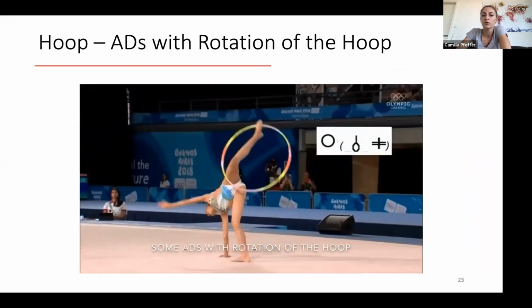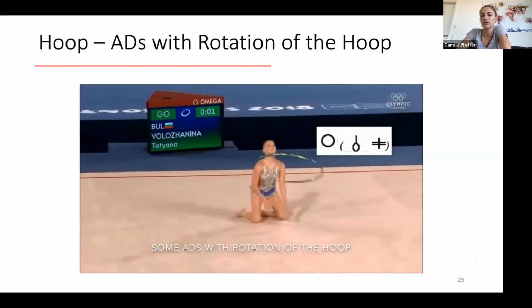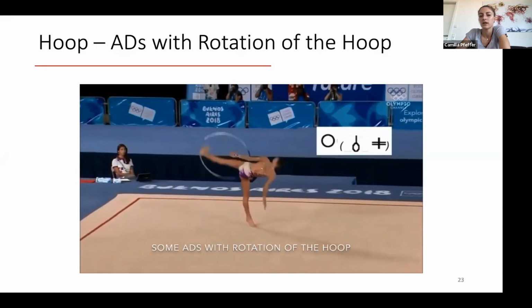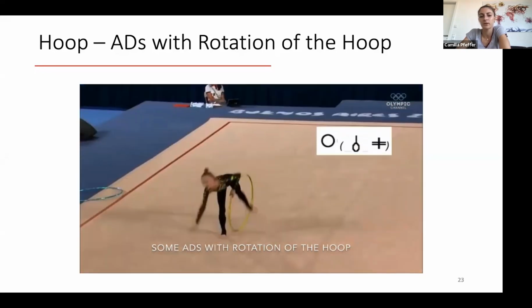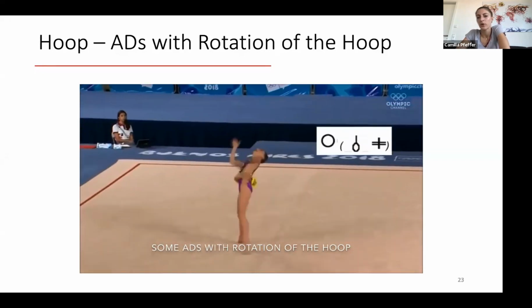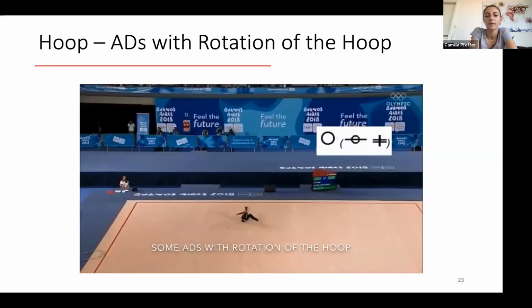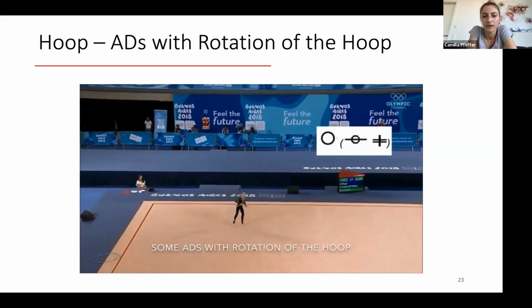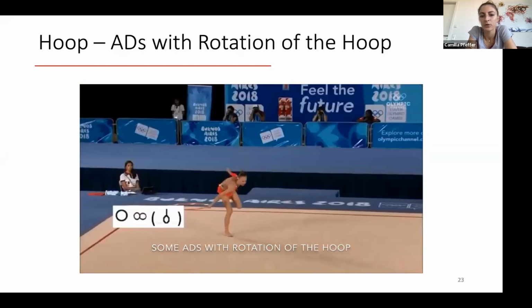And so you can combine different ADs with each other to get more points. Here she's doing transmission. She's throwing, so it will be a combination of ADs. She's passing through.